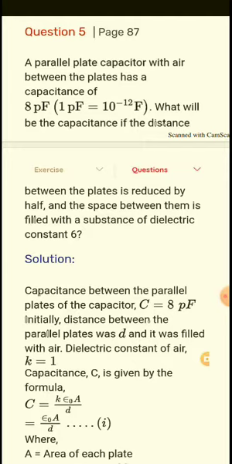Okay, so the capacitance C can be written as 8 picofarads, and the dielectric constant of air will be K is equal to 1.